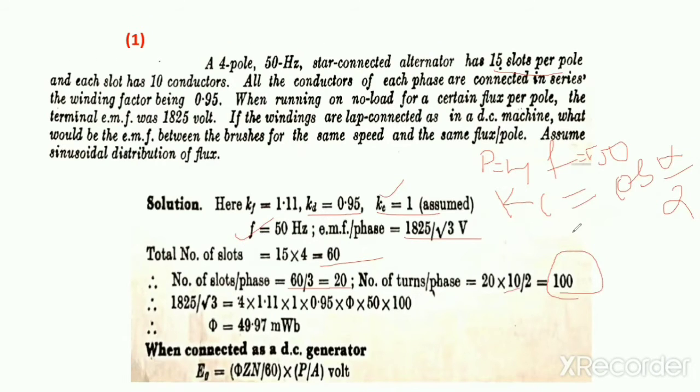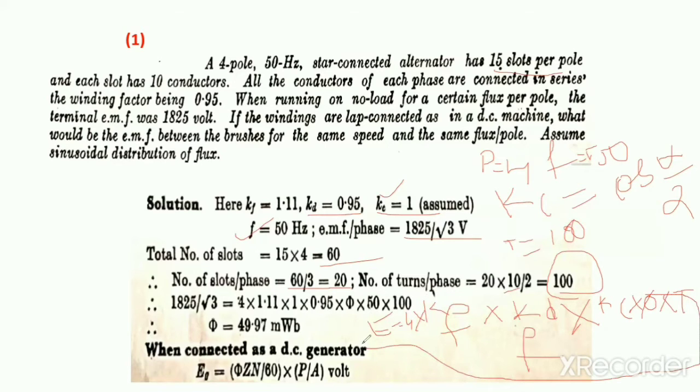We calculate the number of turns because we need it in the EMF equation: E is equal to 4 into KF into KD into KC into phi into number of turns T into F. This is the EMF equation in the case of an alternator.